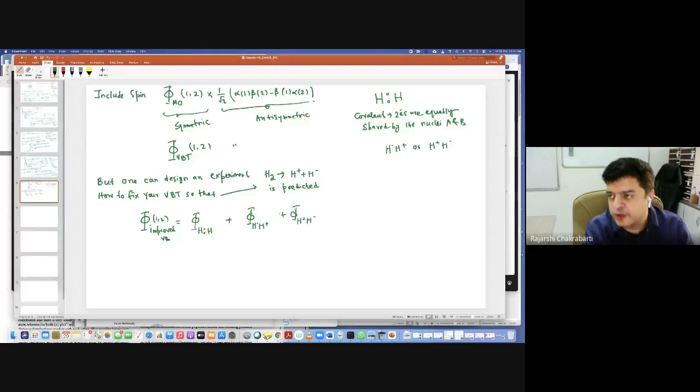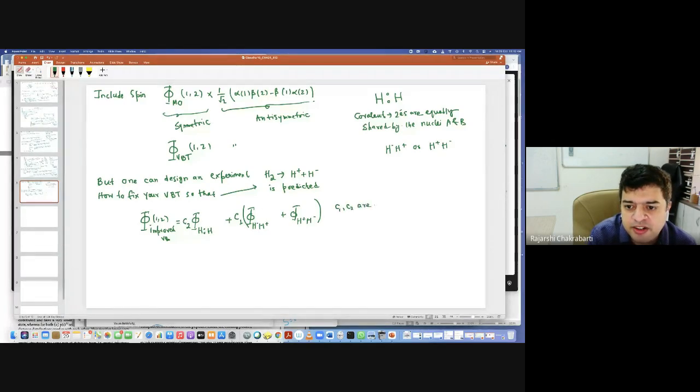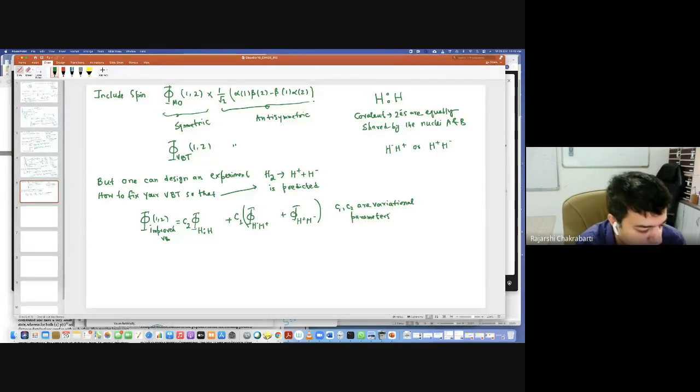Obviously, these two terms will contribute equally because H plus H minus and H minus H plus, they are actually identical. So both of them you can put together, put a coefficient C1, put a coefficient C2. The C1, C2 are variational parameters. You can vary this, and that is why people have come up with better numbers, better equilibrium bond length, and better dissociation energy. Is this clear? So this is how it can be improved.